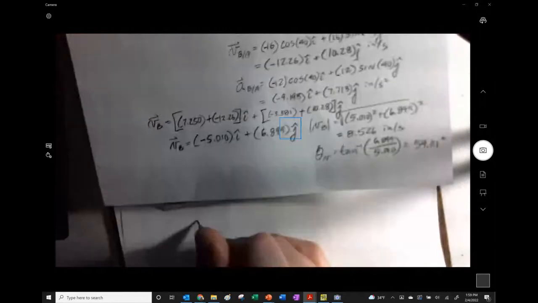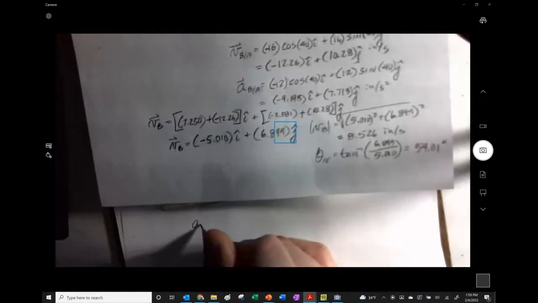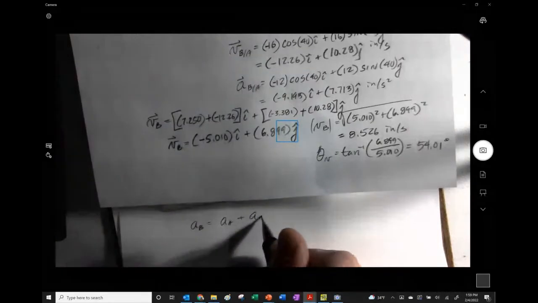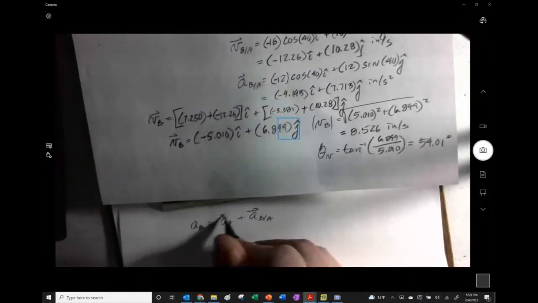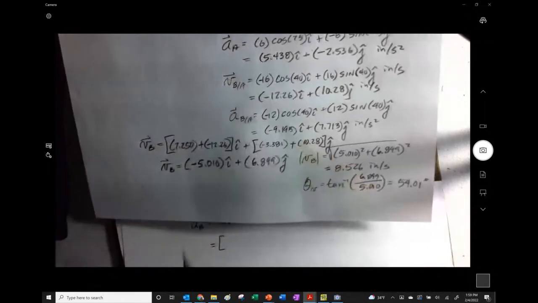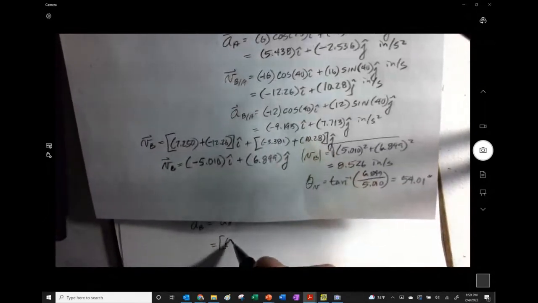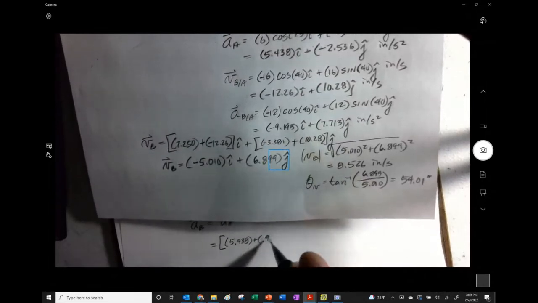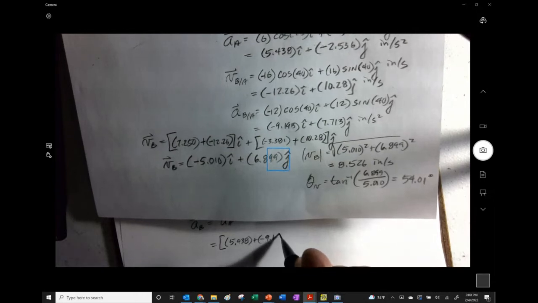And then just complete the square here. Acceleration of B equals acceleration of A plus acceleration of B with respect to A. So we go, A is 5.438, add in negative 9.1, that looks like a, oh, there it is, 93.